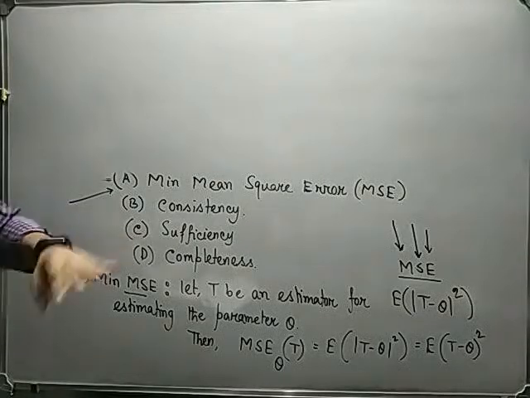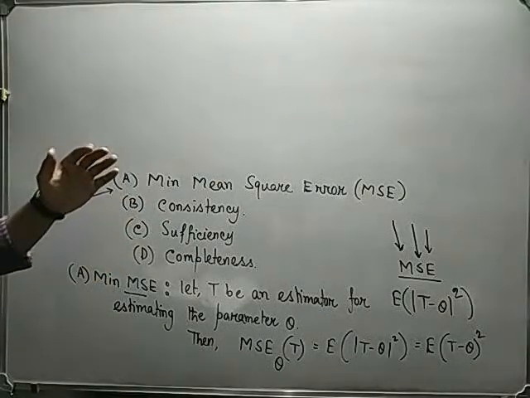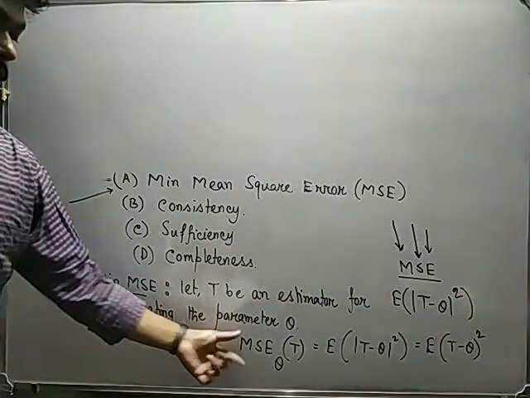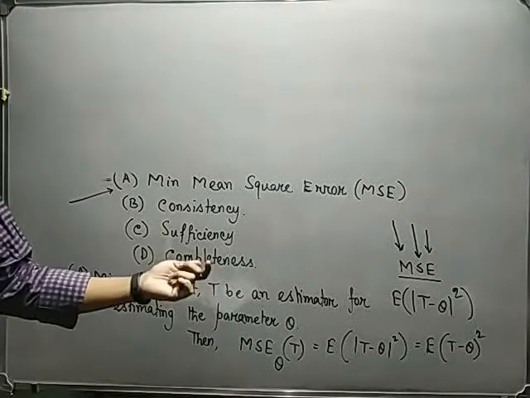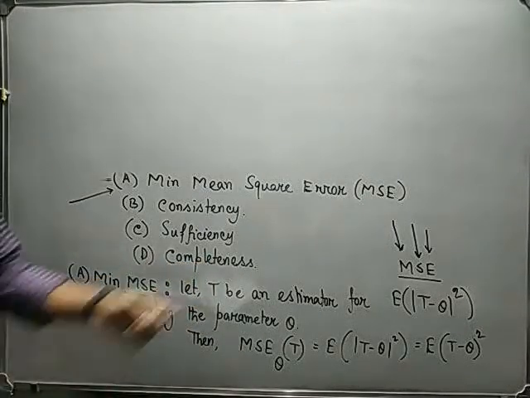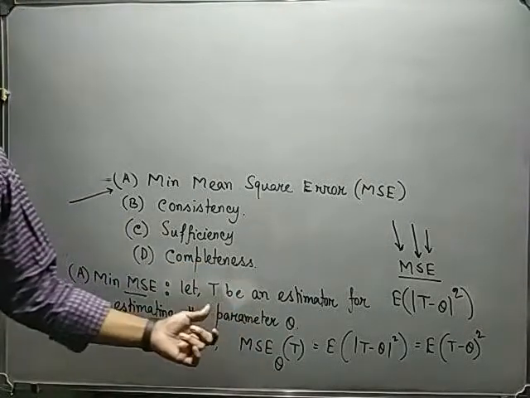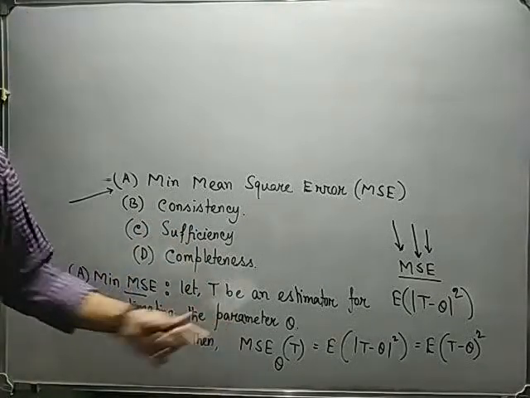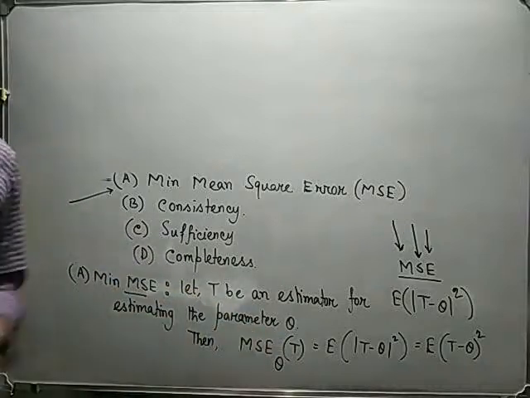So I will discuss the results, the concepts and the shortcut techniques only. Now MSE is basically one type of error. We all know that an estimator is good if it has minimum error. So if we have a minimum MSE, that estimator will be better.